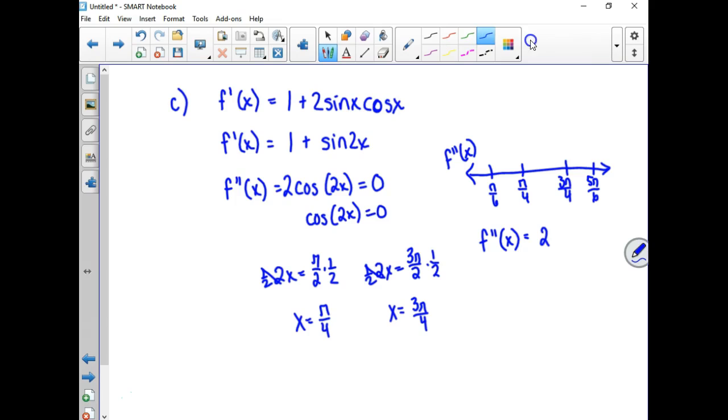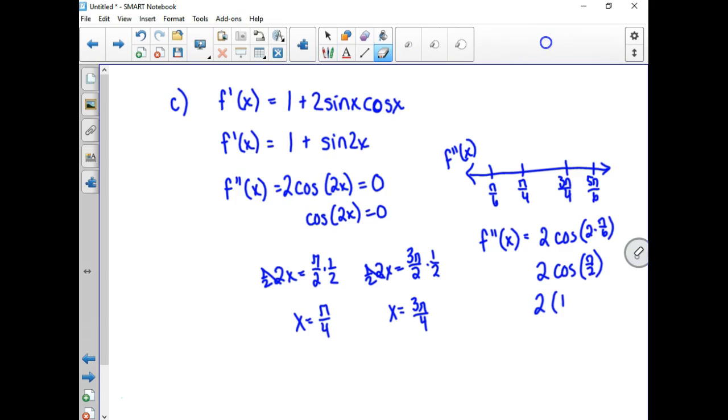So we have 2 cosine of 2 times pi over 6, which is 2 cosine of pi over 3. Cosine of pi over 3 is 1/2, so that gives us 1, which is a positive number there.